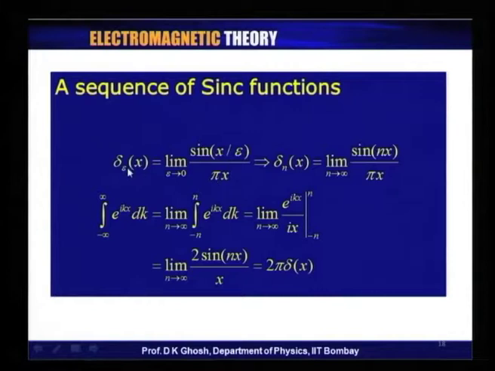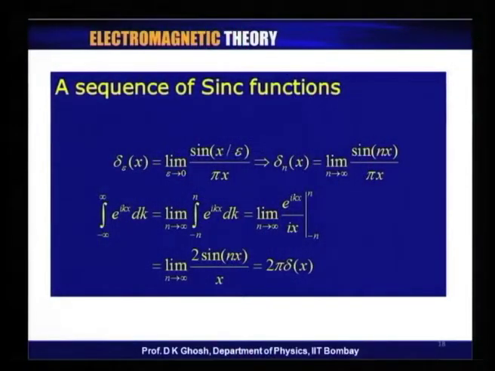Now, notice, I am not showing you, but if you again plot this function sin n x by pi x as limit n goes to infinity, it is an oscillating function, but because of that 1 over x, as distance increases, the amplitude of oscillation decreases with distance, and the height of the central peak increases. This is a function which is familiar to you while you discuss diffraction phenomena in optics.